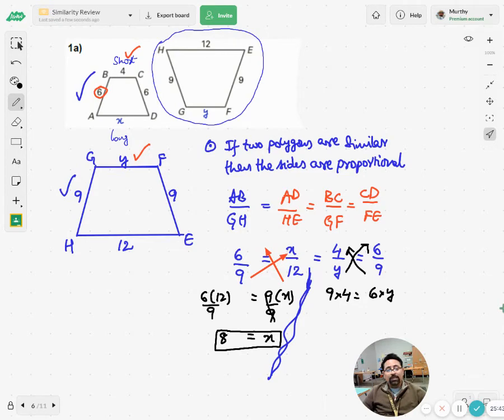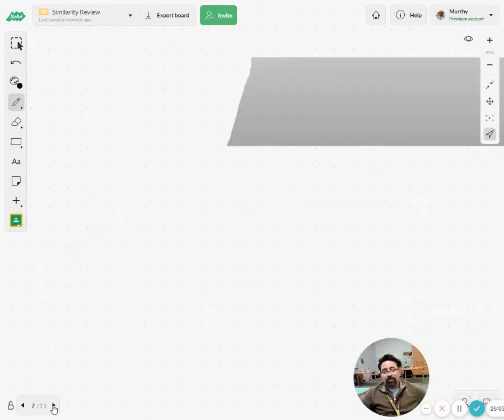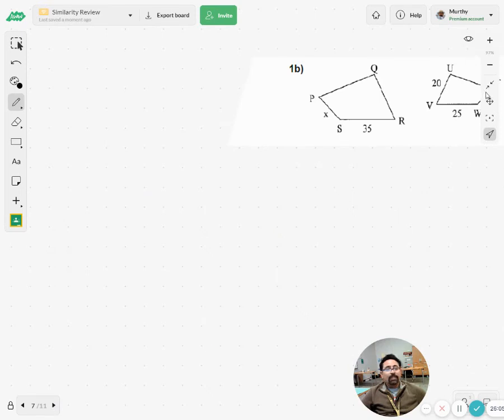Well, I'll explain how to do it. 9 times 4 gives me 36. 6 times y. Isolate y by dividing by 6. So y equals 36 divided by 6, 6 sixes are 36. Without wasting much time, let's jump to the next question.